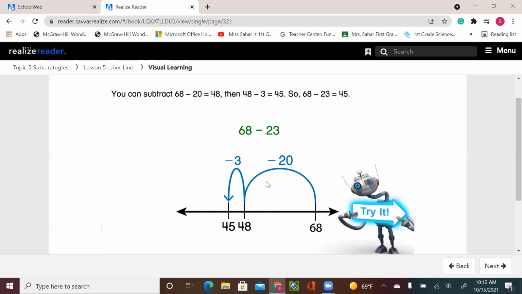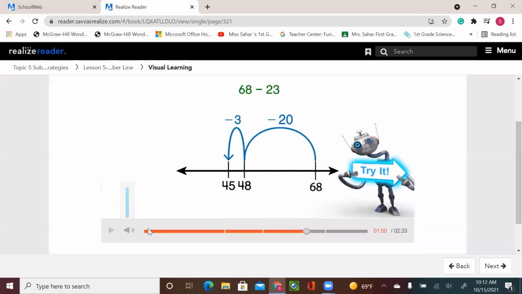So 6 tens take away 2 tens, or 60 take away 20, is 4 tens, or 40, so 48. And then from the ones, I'm going to take the 3 that I have in my second addend here. So 8 take away 3 is 5, and my tens will remain the same. So here I see that I subtract the second addend that I have, 20 plus 3, 23, and I landed on 45.